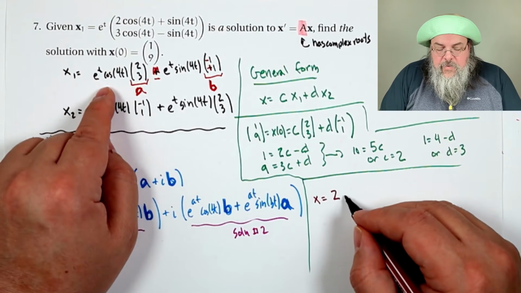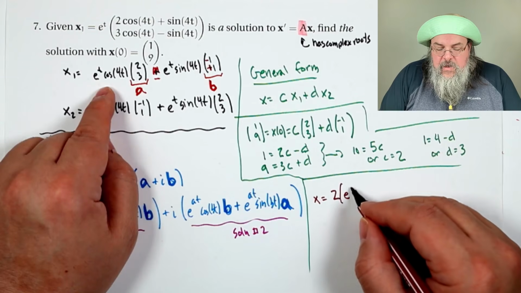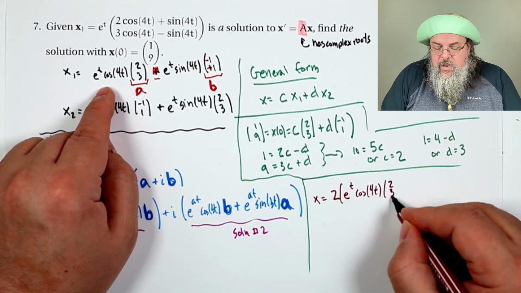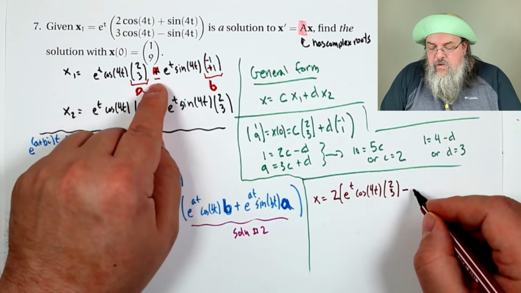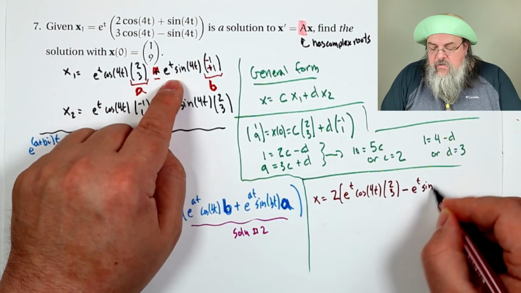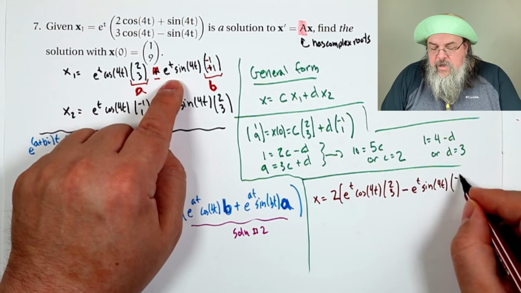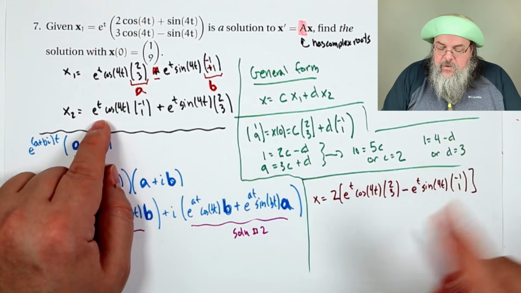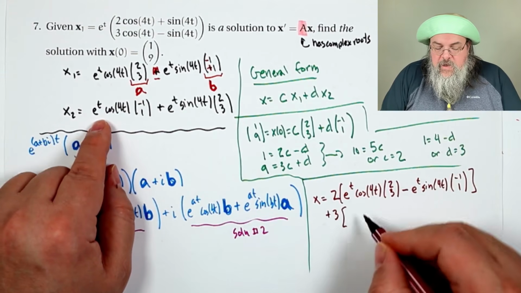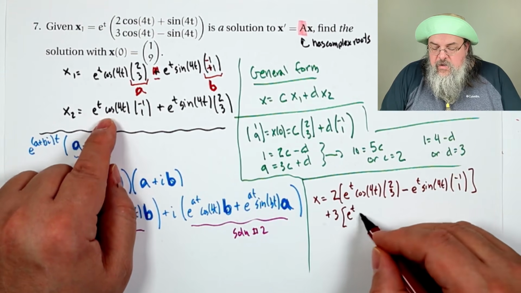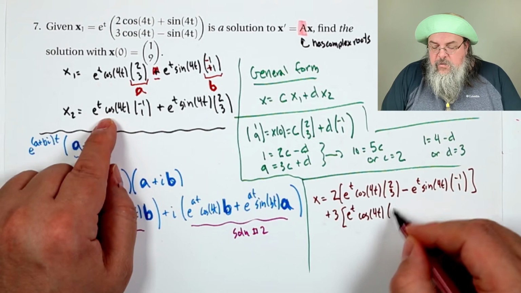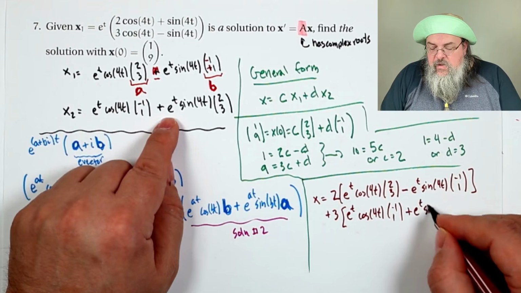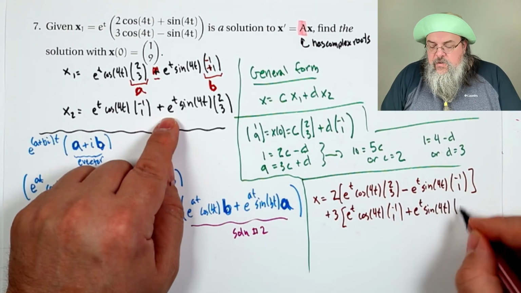So we have 2 times e to the t cosine 4t (2, 3) minus e to the t sine 4t (minus 1, 1), plus 3 times e to the t cosine 4t (minus 1, 1) plus e to the t sine of 4t (2, 3).